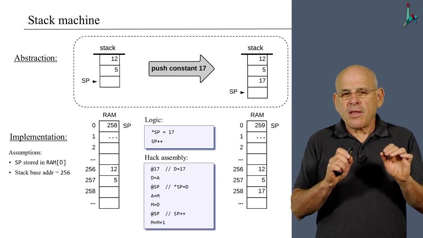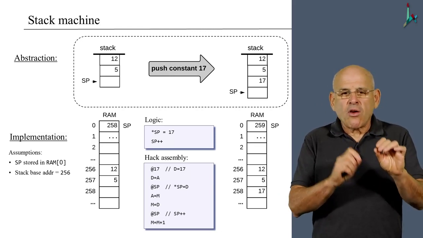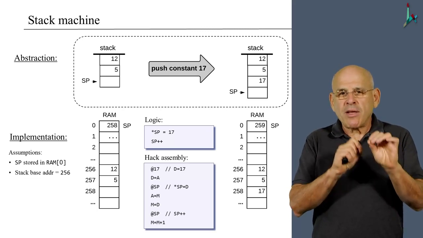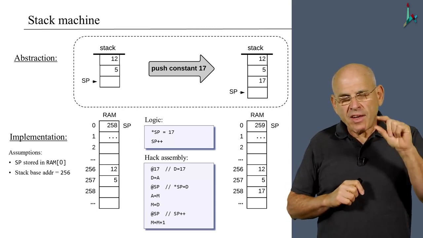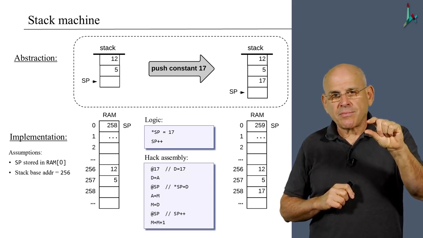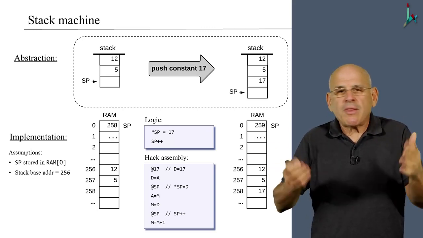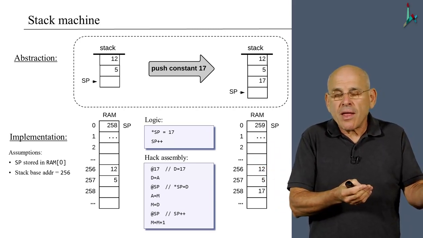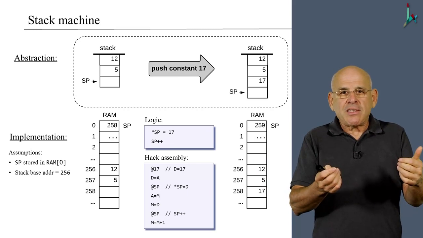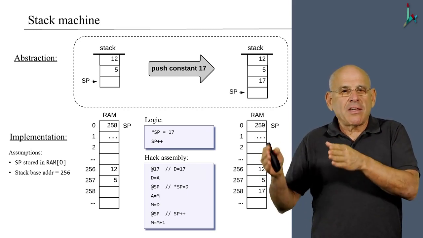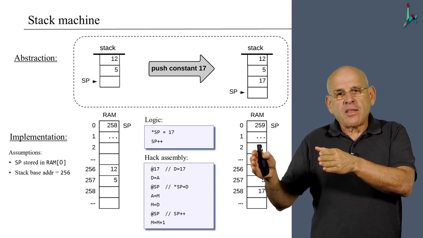Note, if you look at this piece of code, we're using the A register here in two remarkably different ways. In the first two instructions, we use the A register as a data register. We put the number 17 into it, and then we move it into D. Now, the A register has this automatic side effect that it always selects a certain location in the RAM.